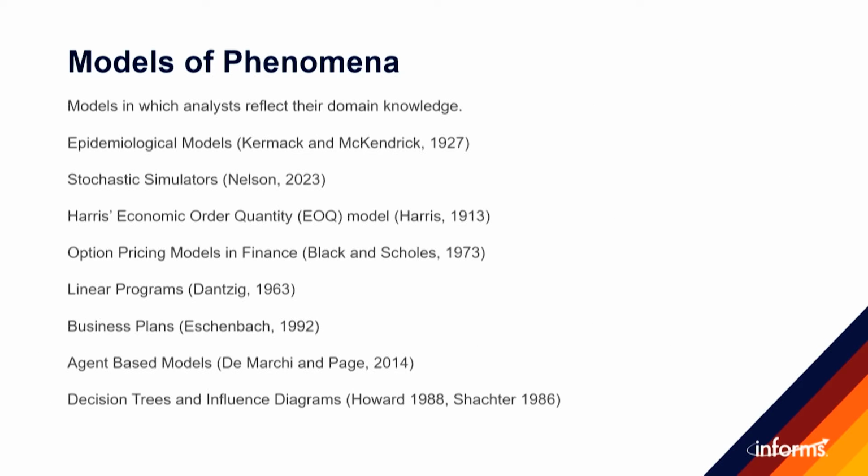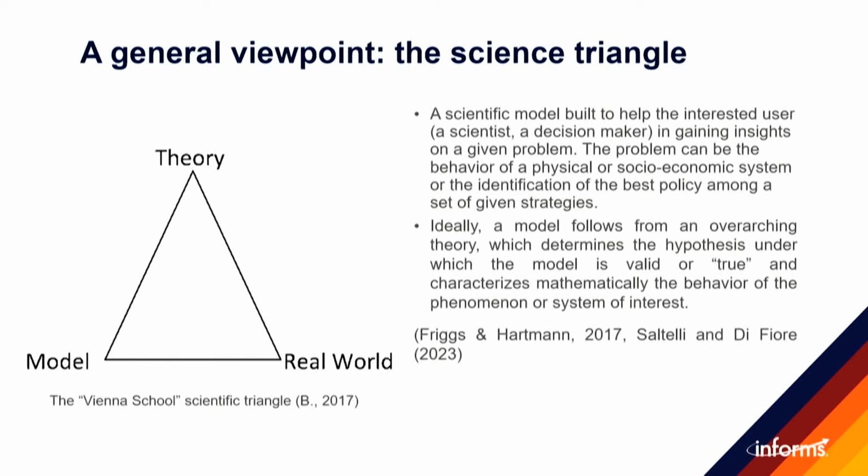And so if you read this very interesting chapter, Frigg and Hartmann 2017, and there is also a very nice book, Saltelli and Di Fiore 2023, published by Oxford University Press. The chapter by Frigg and Hartmann is actually a chapter of the Stanford Encyclopedia of Philosophy about what models are in science. And the Saltelli and Di Fiore is a book called The Politics of Modeling, and it has to do with how you should structure models to support policy making.